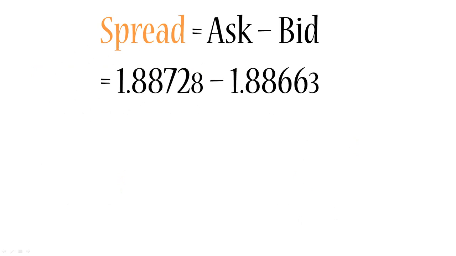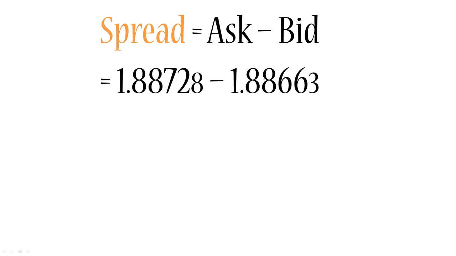And so once again, let's calculate the spread. Here I've shown our previous example, but I've added the 5th digit as a smaller number, and a lot of brokers do that just to show that it is 5-digit quotations, because when you have 5 digits after the decimal point, it can get a bit confusing and like a lot of numbers.